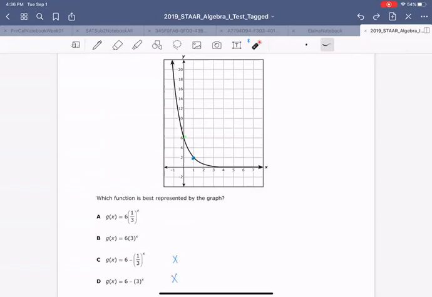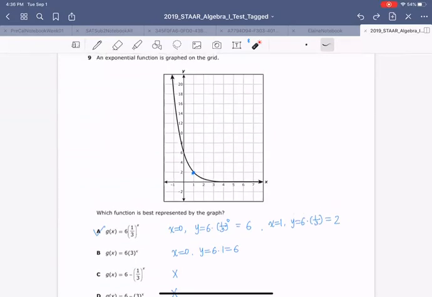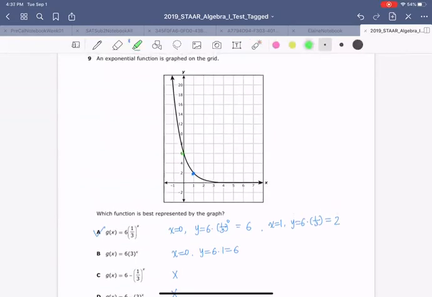Good. I don't really understand it. I just remember it from last time, but I don't understand. Okay, so let's repeat this one. I show you that this passes this point and also passes this point. When x is 0, y equals 6 times 1/3 to the power 0.